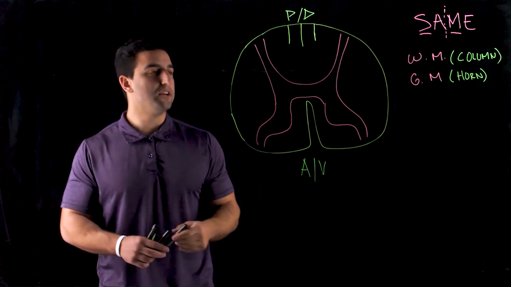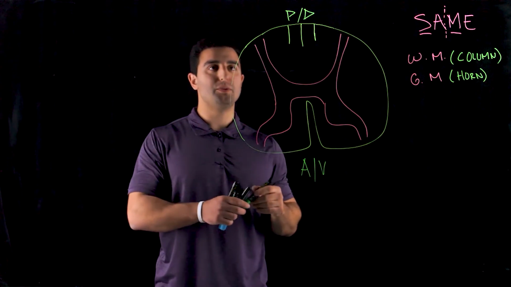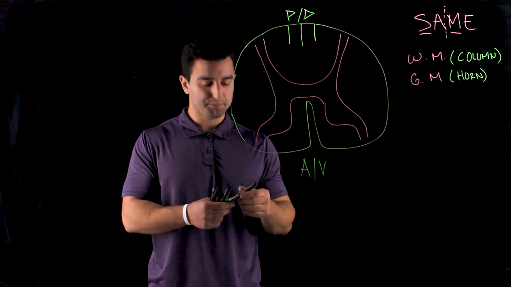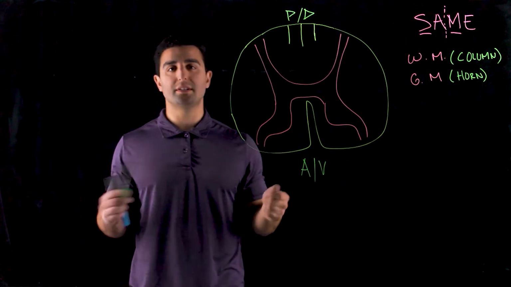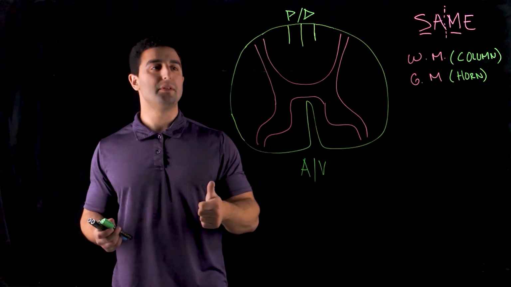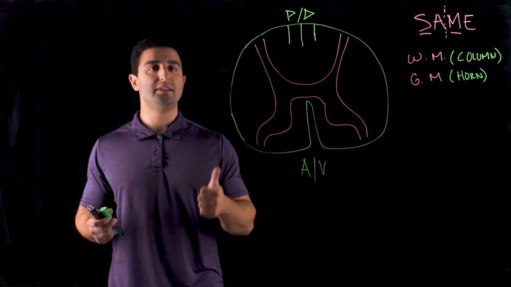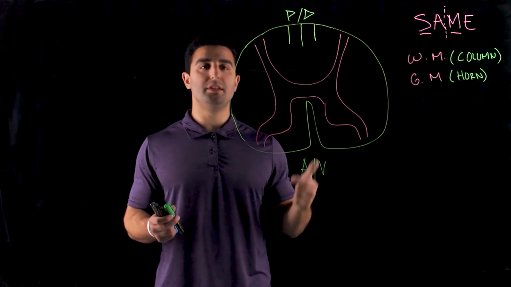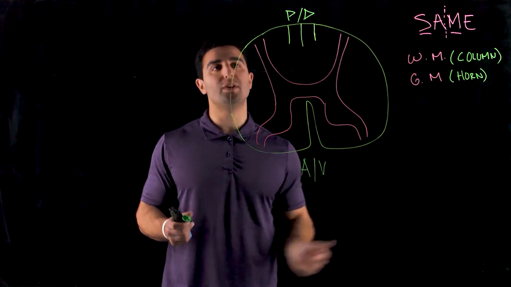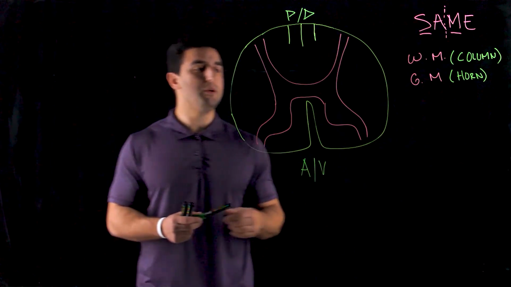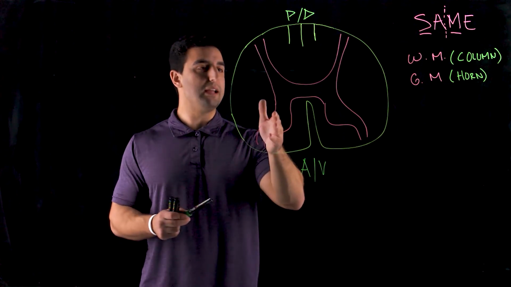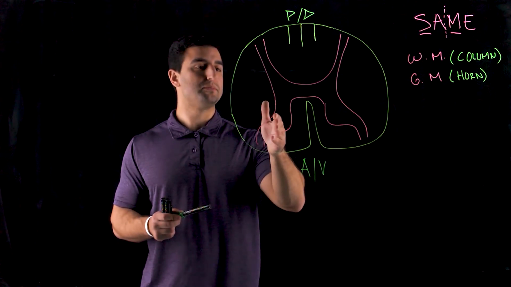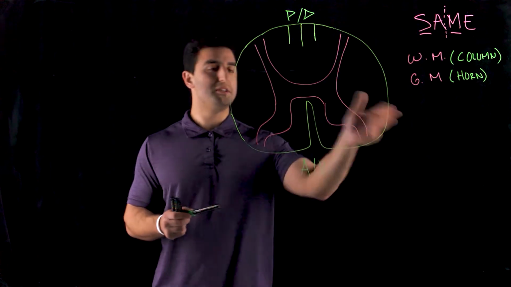When we talk about the actual different structures here, if you remember from before, the way the nervous system works is you have some kind of stimulus that sends a signal. The signal is received, processed, and then retransmitted. The pathway works very simply through these different structures. In the gray matter, these are the horns.